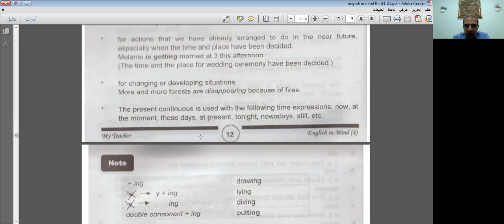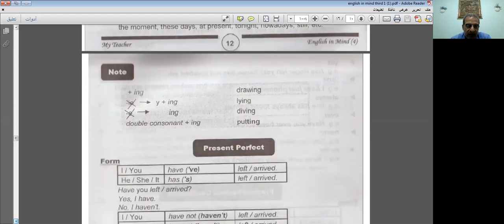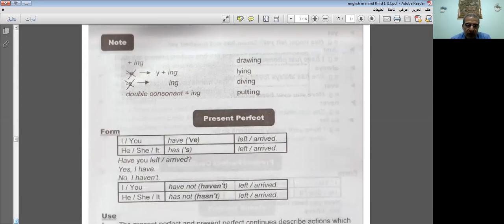Here the present continuous is used with time expressions like now, or the keywords at the moment, these days, at present, tonight, nowadays, still, and so on. Here we have some notes about adding ing.